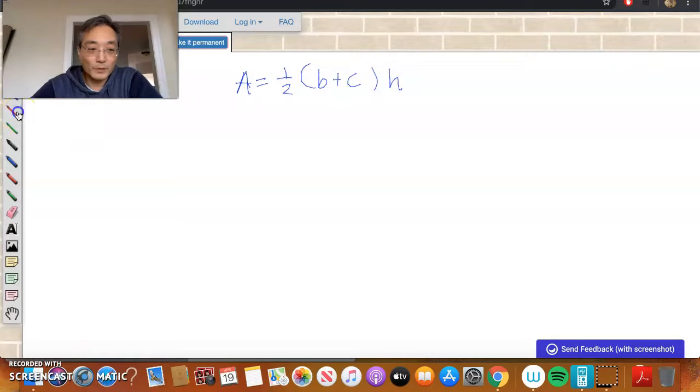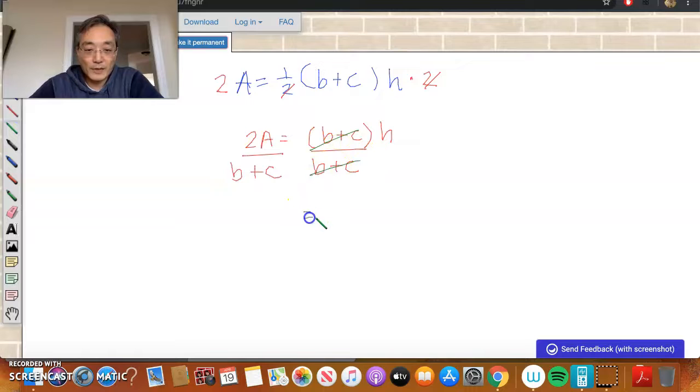So if you multiply both sides by 2, then this 2 cancels out with that 2, and we're going to get 2A is equal to B plus C times H, and then divide both sides by B plus C. And these guys will then cancel out here and here. So now we have our explicit formula for H, 2A over B plus C.